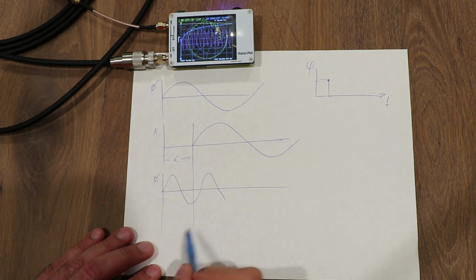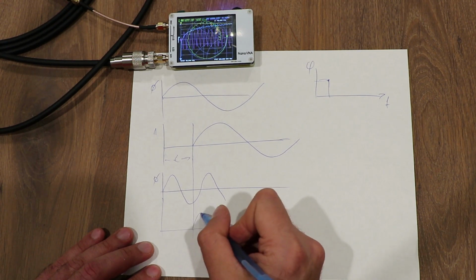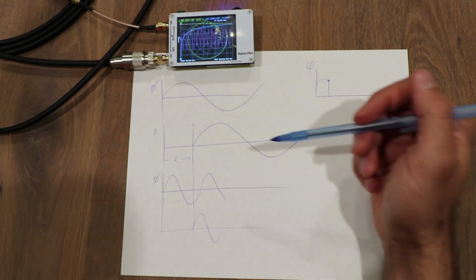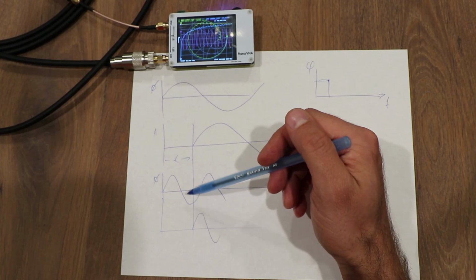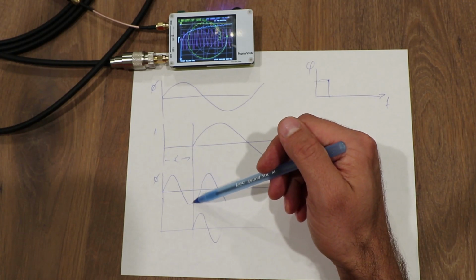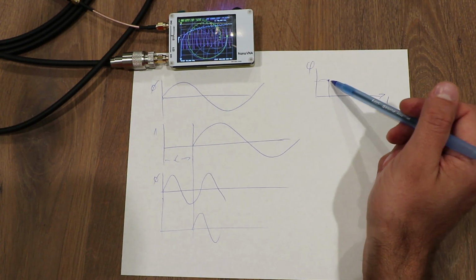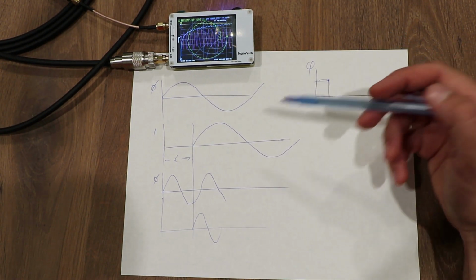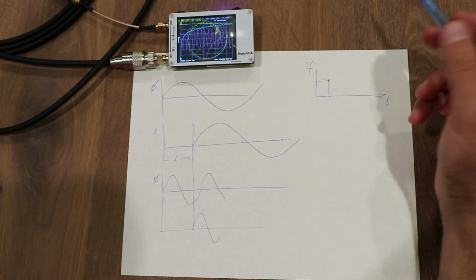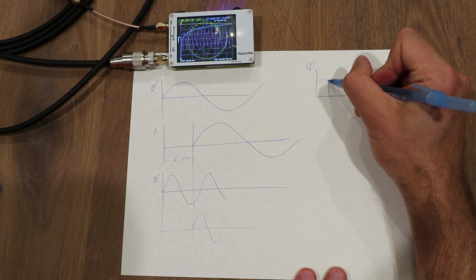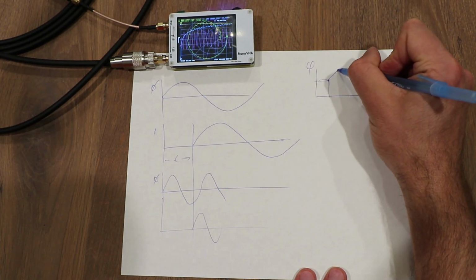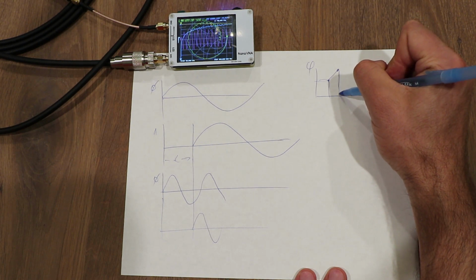Now, if the frequency increases like this on channel 0, the delay will still be the same. However, it appears that for a different frequency, the same delay will cause a different phase shift to the signal. So we can say that the phase shift can actually increase.